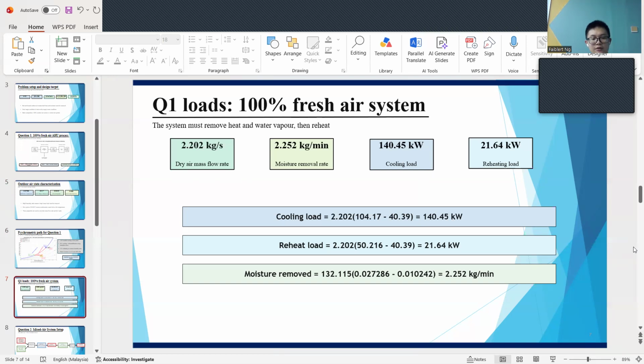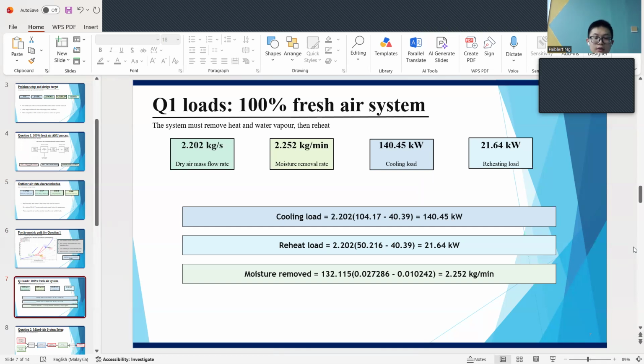The cooling coil load is calculated using Q_dot cooling equals m_dot_DA times (H1 minus H2). If we substitute the values, it becomes 140.45 kW.